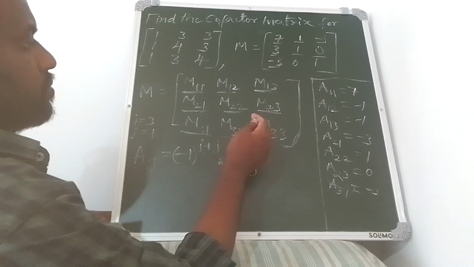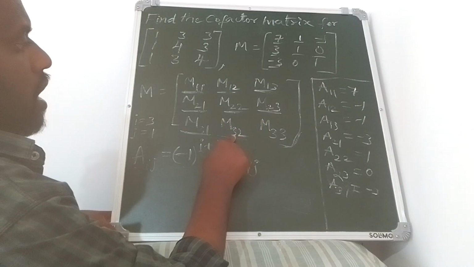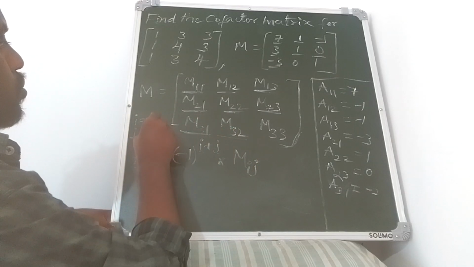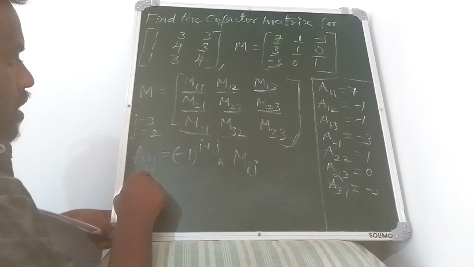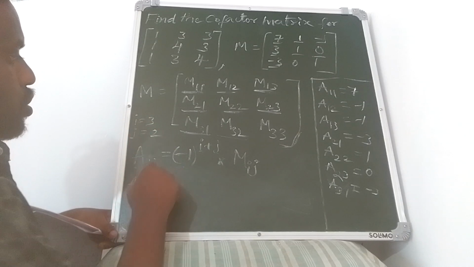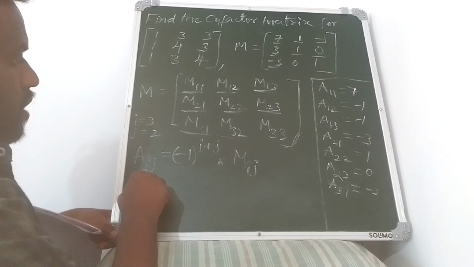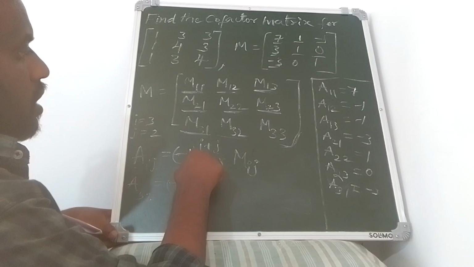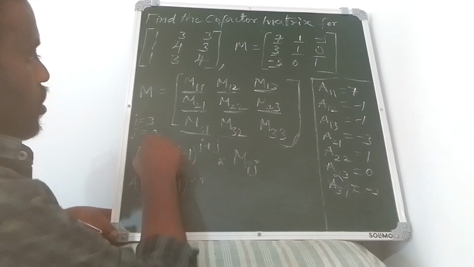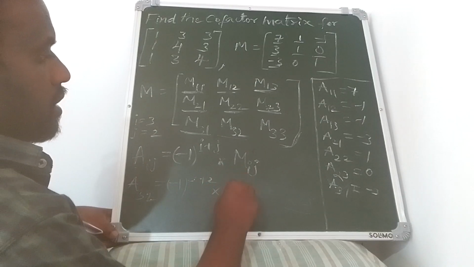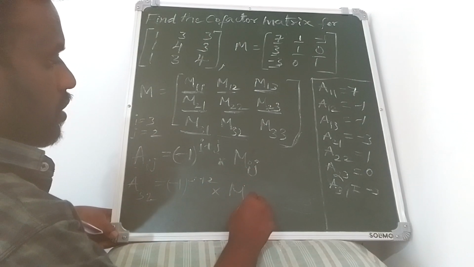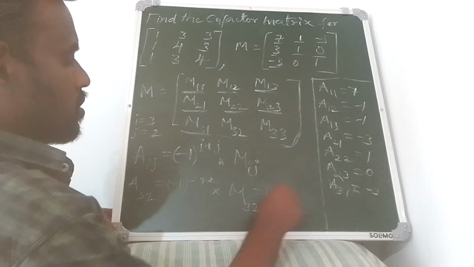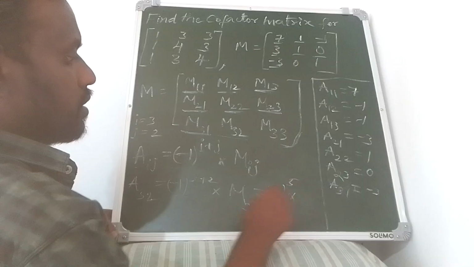Next to this, m32: i is equal to 3, j is equal to 2. Substitute here. Minus 1 to the power of i plus j, that is 3 plus 2, 5, into m32.